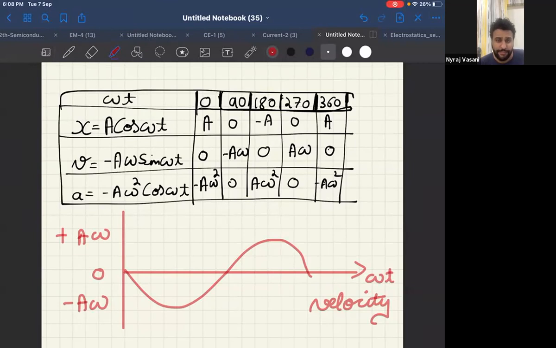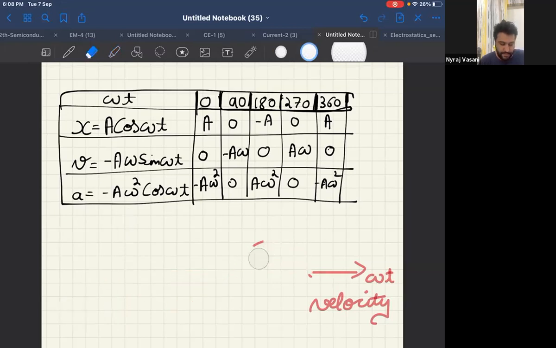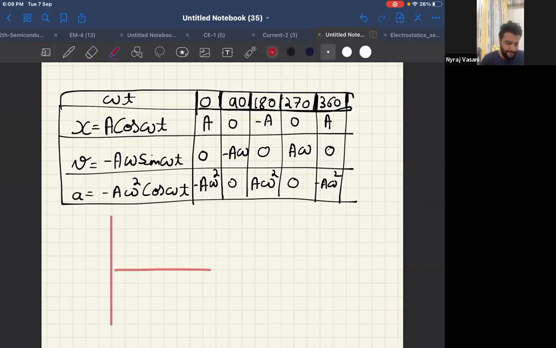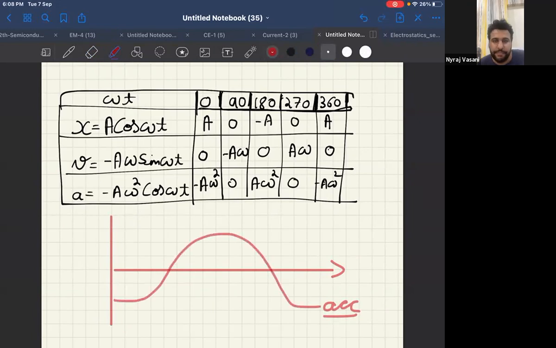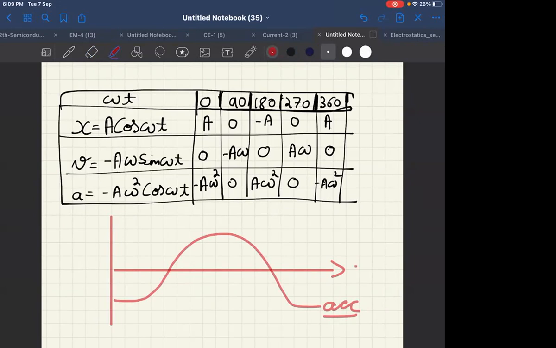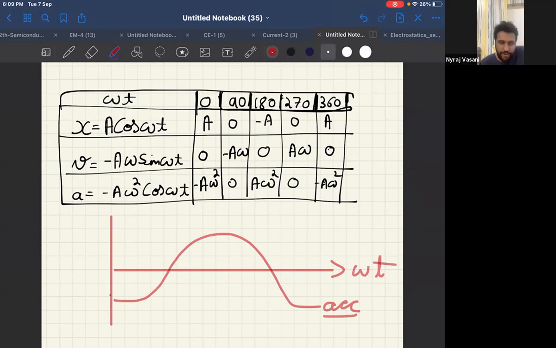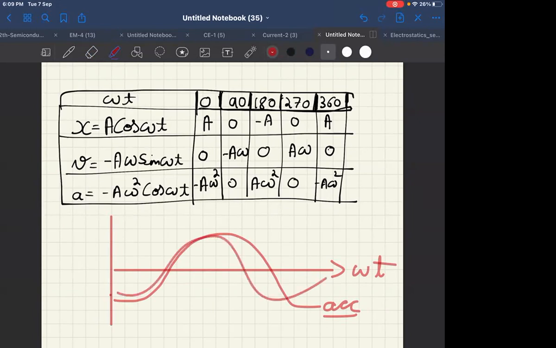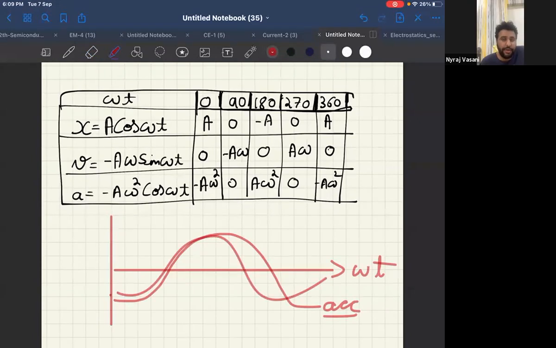Clear? Okay. Now acceleration. Tell me, getting it or not? It is not exactly cos. I have not written it beautifully, but it's fine. I think I spoiled it more. Okay, fine.